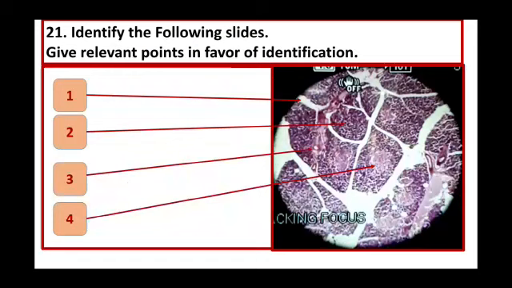Just coming to slide number 21, try to identify the slide and give points in favor of identification. This slide has also been shown in the general slides.